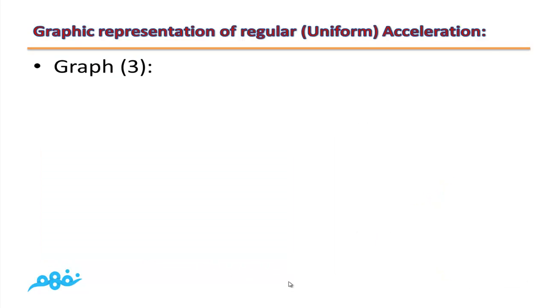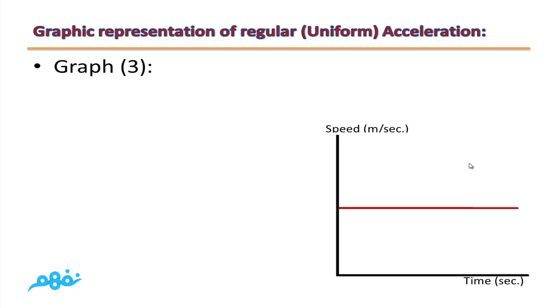The final graph, which we studied before in the 3 graphs for uniform speed, is between speed in meters per second on the y-axis and time in seconds on the x-axis, and it is represented by a horizontal straight line parallel to the time axis.